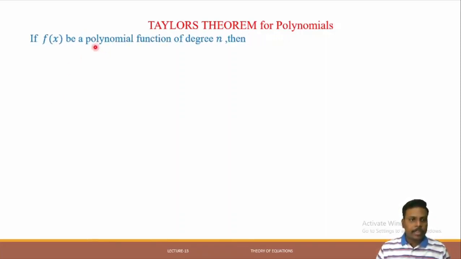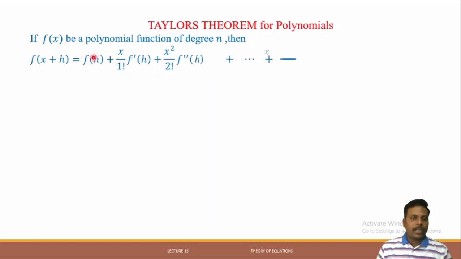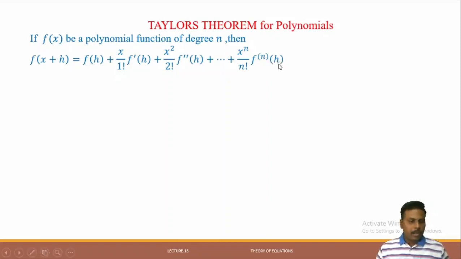If f of x is a polynomial function of degree n, then f of x plus h is equal to f of h plus x by 1 factorial into f dash h, that is f dash x evaluated at h, plus x square by 2 factorial into f double dash of x evaluated at h, plus and so on, plus x to the power n divided by n factorial into the nth derivative of f evaluated at h, where h belongs to any complex number.